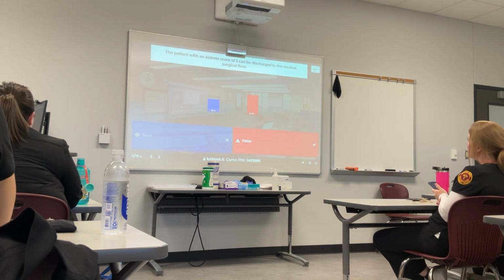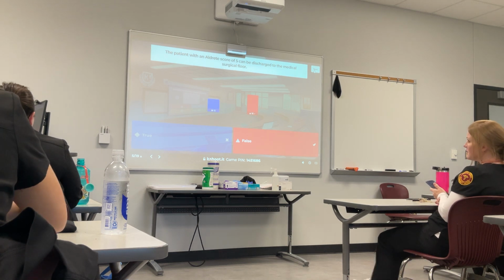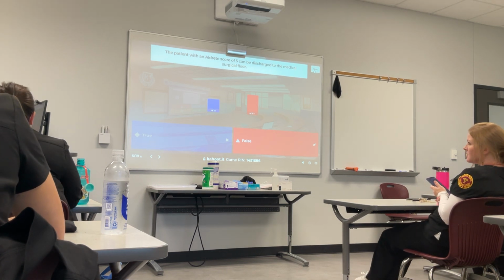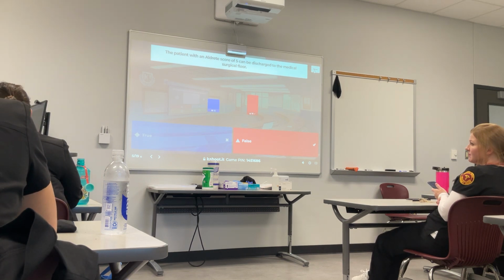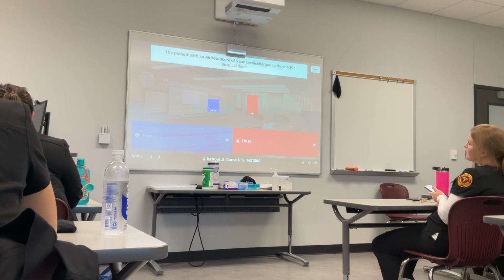Okay, so what does it need to be above? I thought it says 7 to 8 on the sheet, on y'all's. I did look at the bottom of that, so it says 7 to 8, and I wanted to remind y'all of that. So first off, what is the Aldrete? Certain criteria, and what are some of the big things it's assessing? O2 sat, activity, level of consciousness, yes.